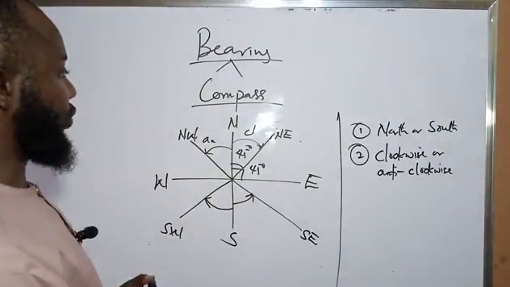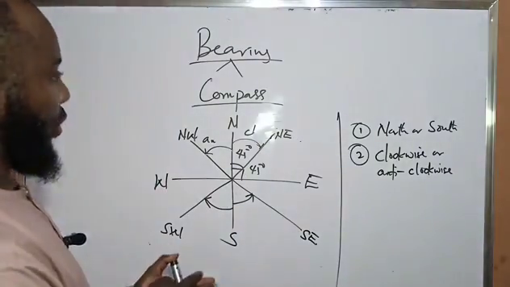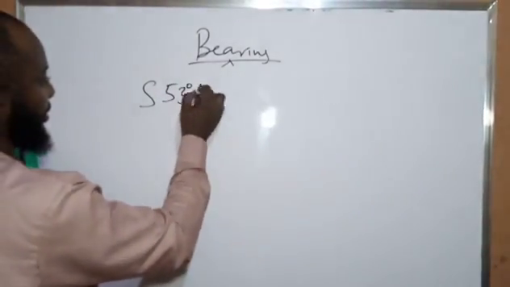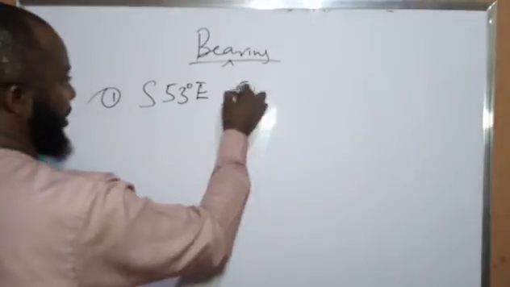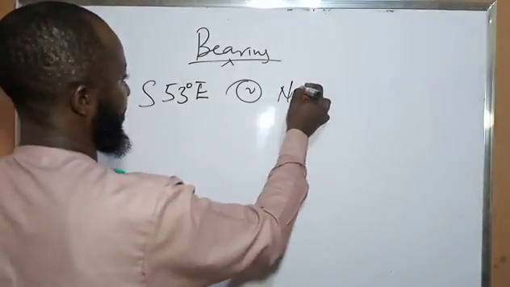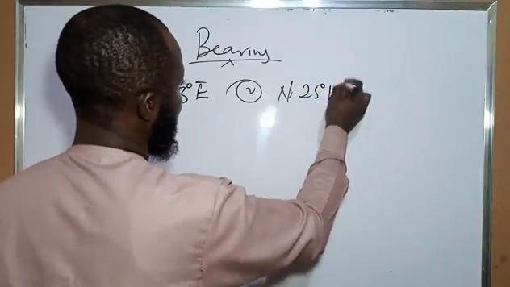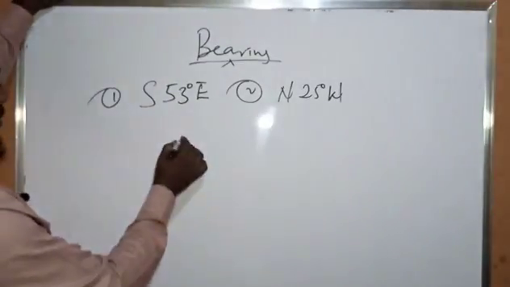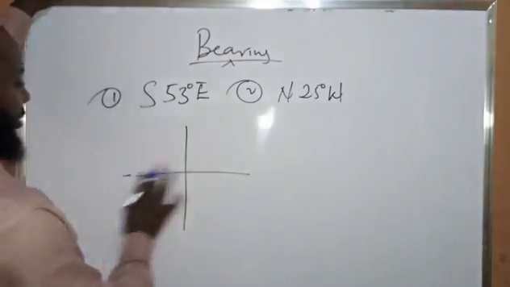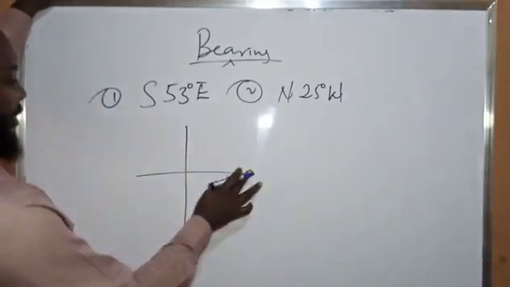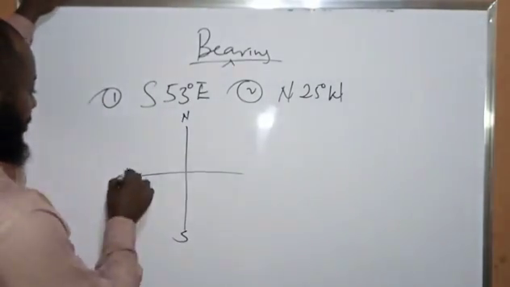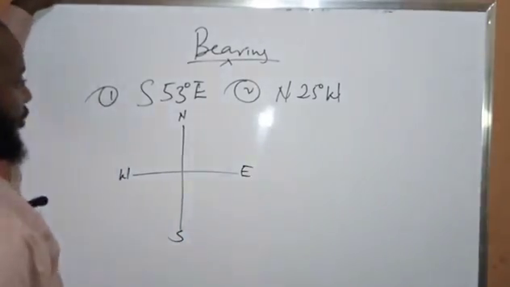So the next stage is for us to see how we can sketch compass bearing. If the question asks you to sketch south 53° east, and north 25° west, you want to sketch these. For the first one, we have your four cardinal points: north, south, west, and east.